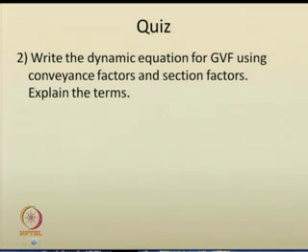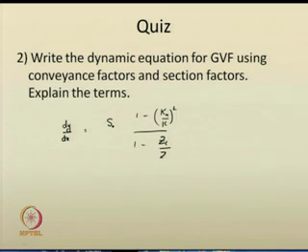The second question, write the dynamic equation for gradually varied flow using conveyance factors and section factors. So, I am writing the equation: dy by dx is equal to the bed slope S 0 into 1 minus k n by k whole squared, where k n is the conveyance factor for normal flow and k is the conveyance factor for any existing flow, divided by 1 minus z c by z whole squared.